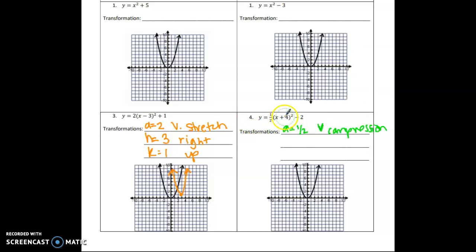Technically, this H is a -4, and that's going to move me to the left, and my K is a -2, and that's going to move me down. So I'm going to be fat to the left and down. So 4 to the left, 2 down, there's my vertex, and I'm going to be more wide. And that's it.